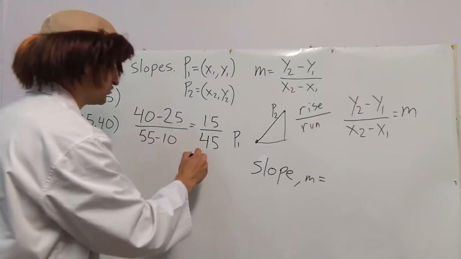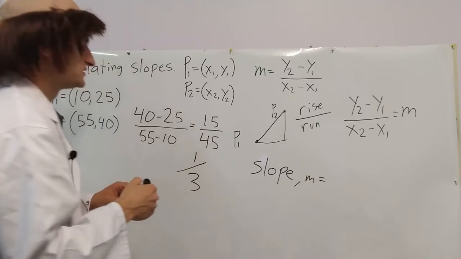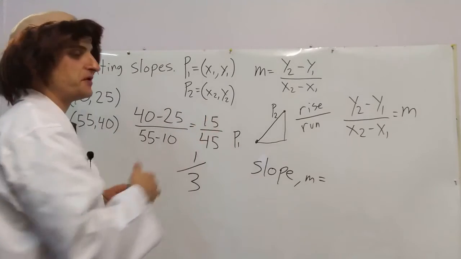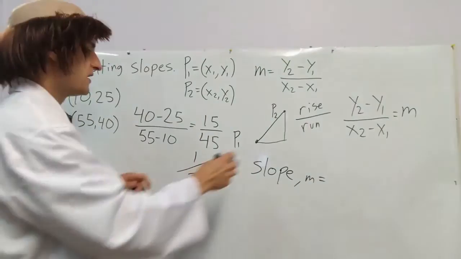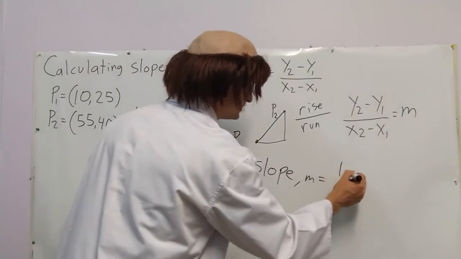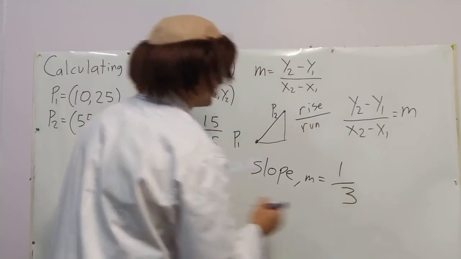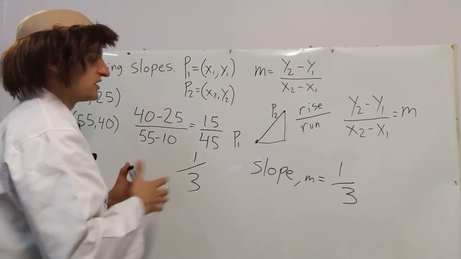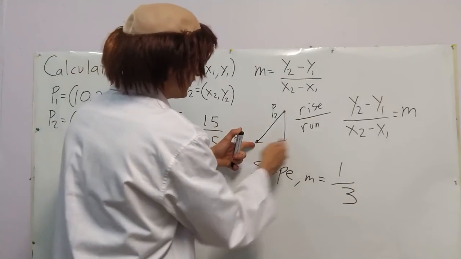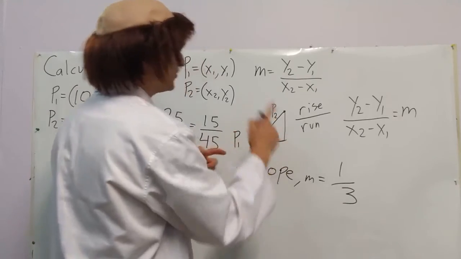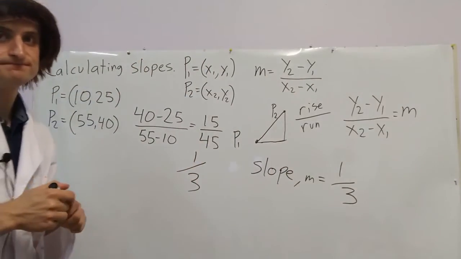This reduces to 1 over 3, since we can divide both the top and the bottom by 15. Our slope is 1 over 3. What that means is that for every 3 that we go over, we go 1 up.